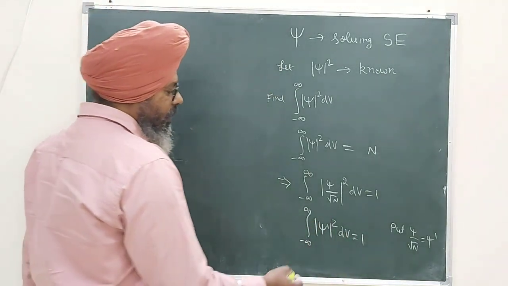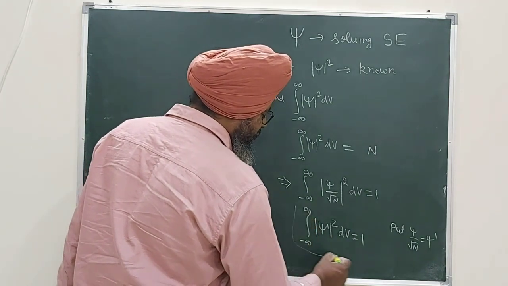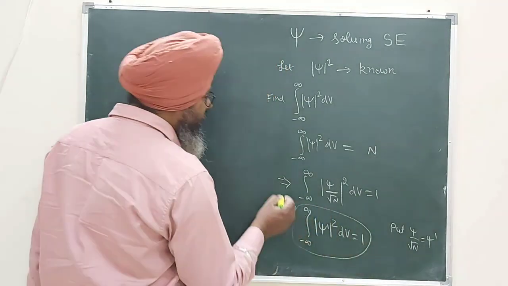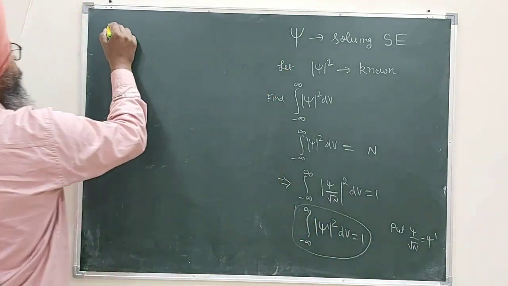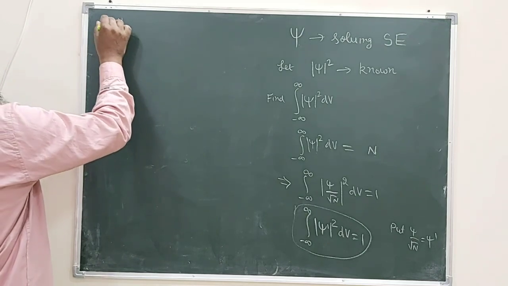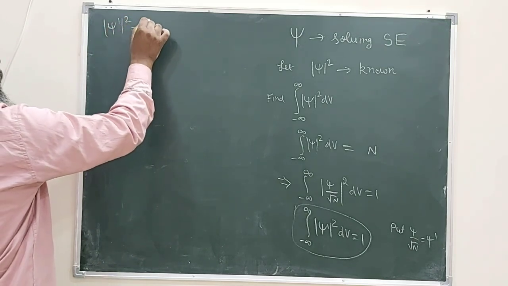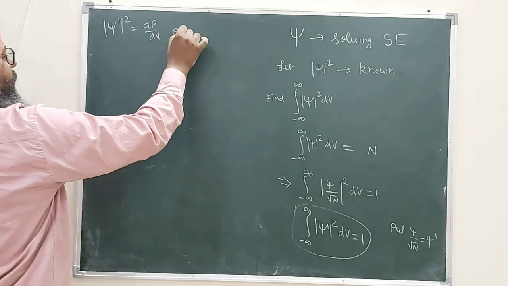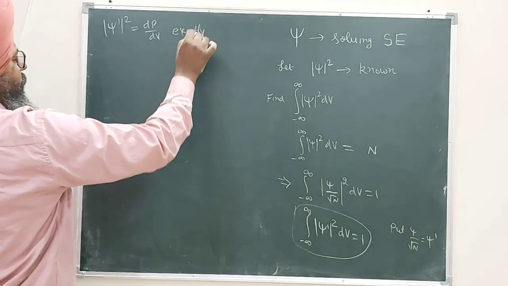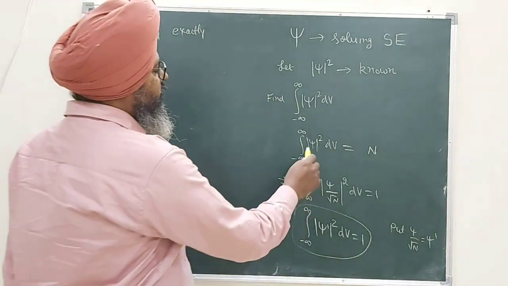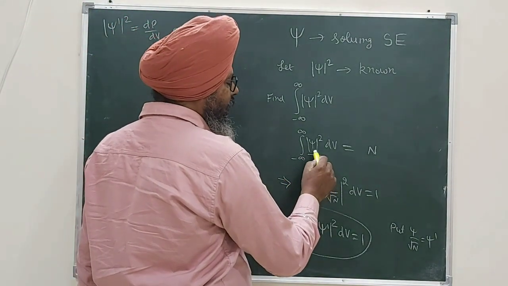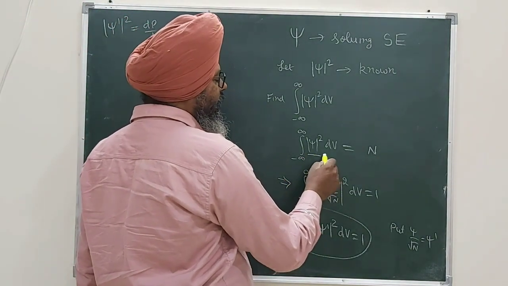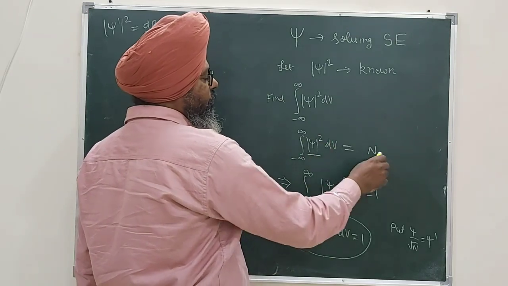Now this answer is 1, which means that psi dash magnitude square is equal to dp by dv exactly. Psi magnitude square was not equal to dp by dv, otherwise the answer of this integration would have been 1.